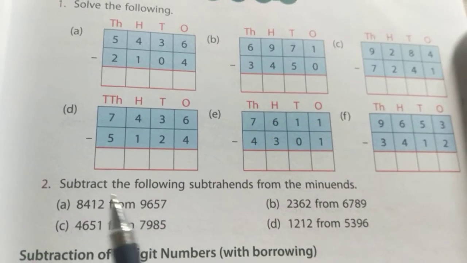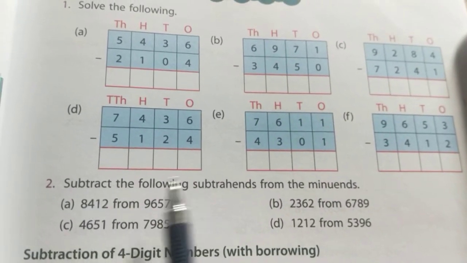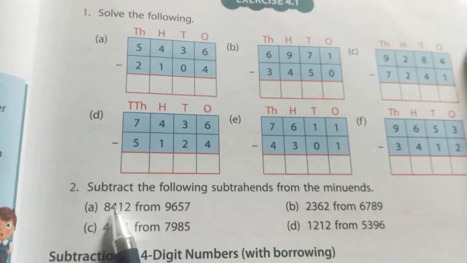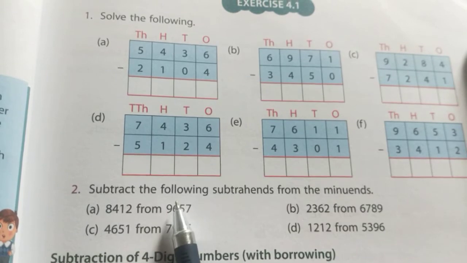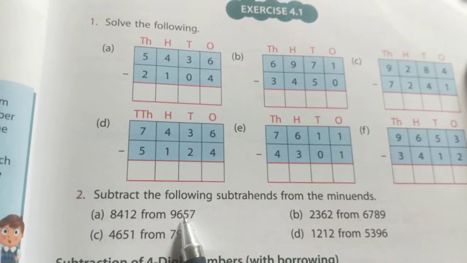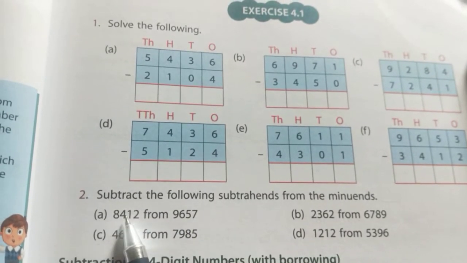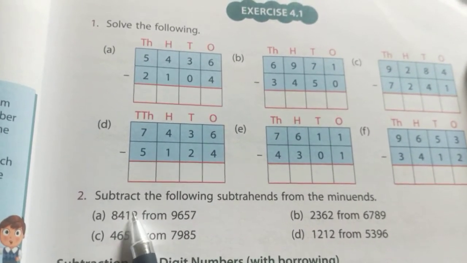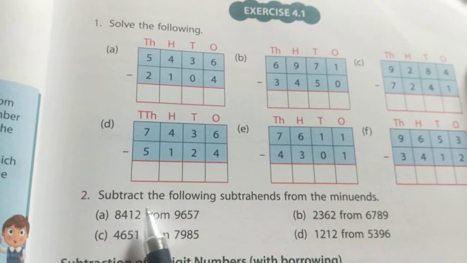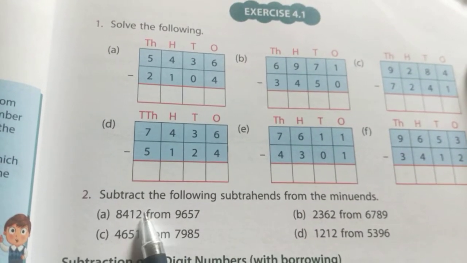Now what are minuends? Minuends are the bigger numbers from which the smaller number is subtracted. The smaller number which you subtract from the bigger number is called the subtrahend.